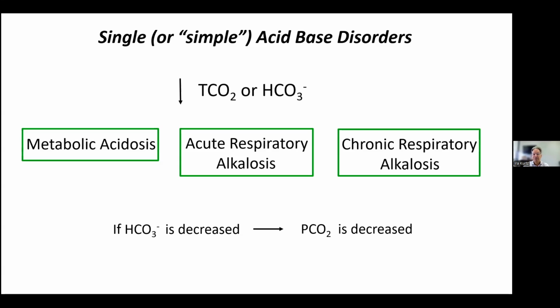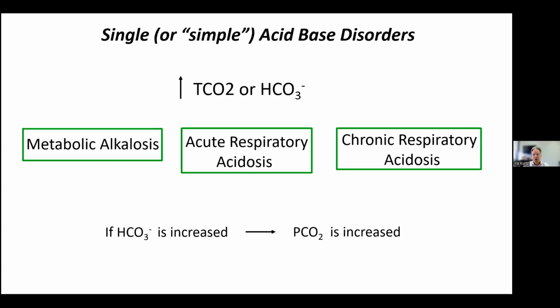Before the respiratory word, you have to say whether it's acute or chronic. So these are the 3 where you find in a patient that the bicarbonate or total CO2 is decreased. But recall also, not only is the bicarbonate decreased, but the PCO2 is decreased.